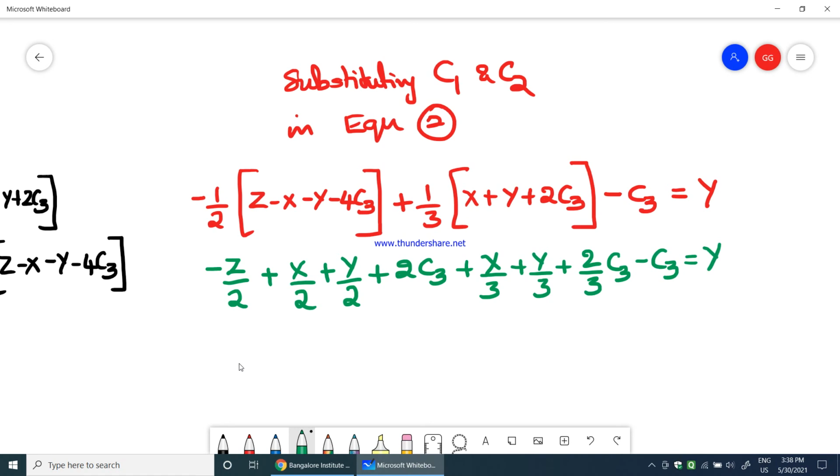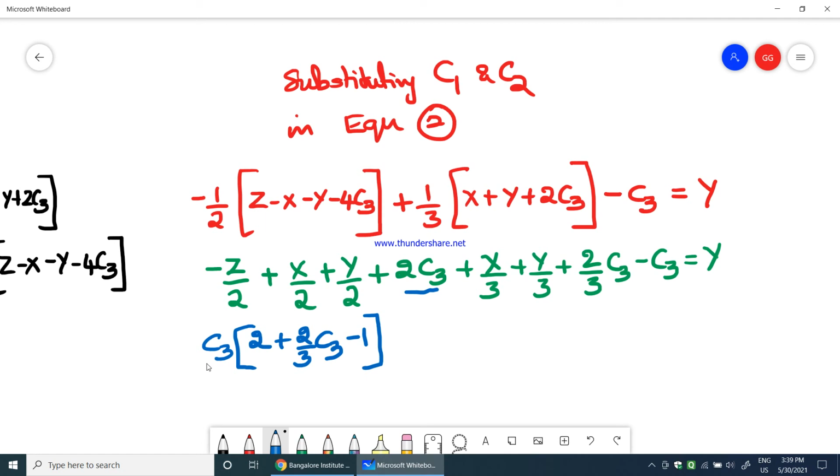So therefore C3 into 2, plus 2 by 3 C3, minus 1 is what C3.